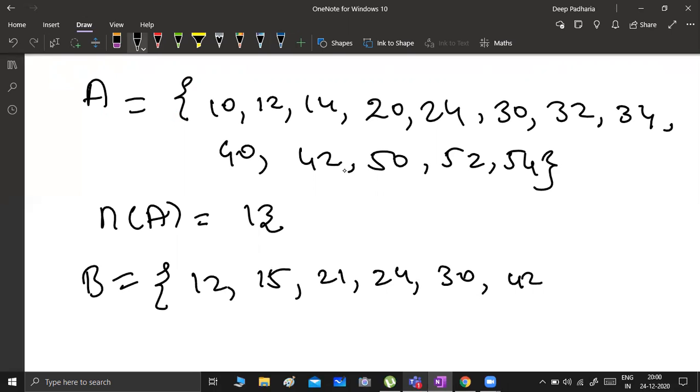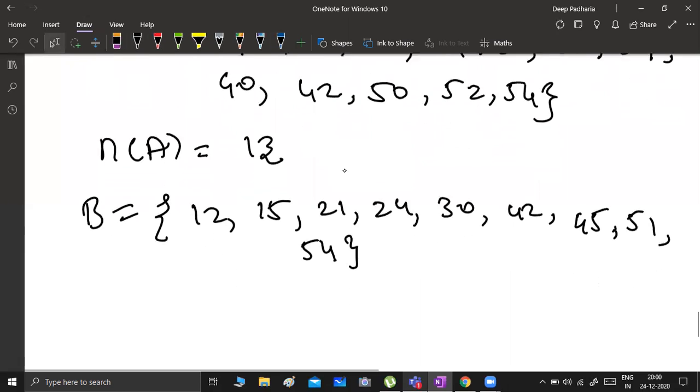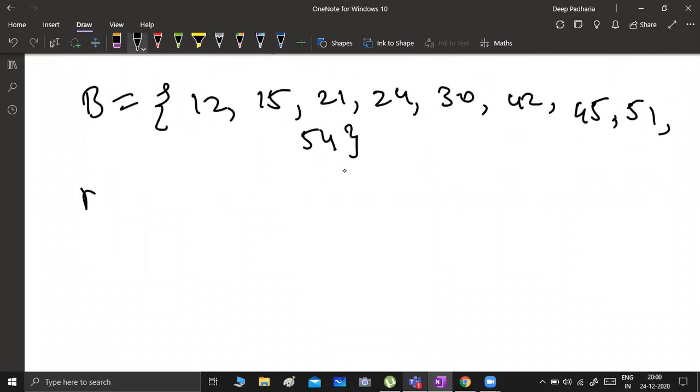Yes, it is. 42 के बाद 45, then 51 and 54. If your concept of test of divisibility is clear, you won't take much time while solving this question. It's again easy. N of B हो जाएगा 9.